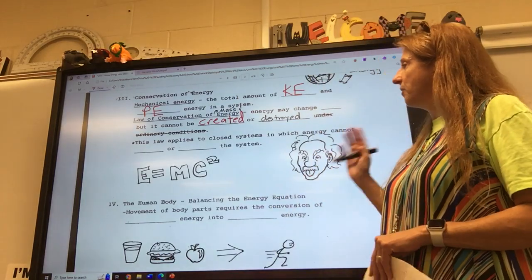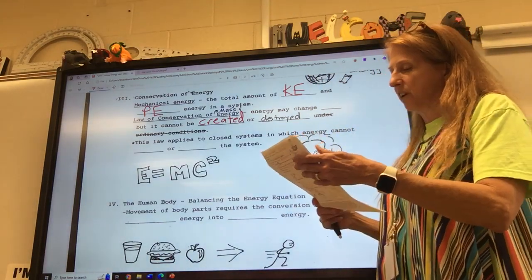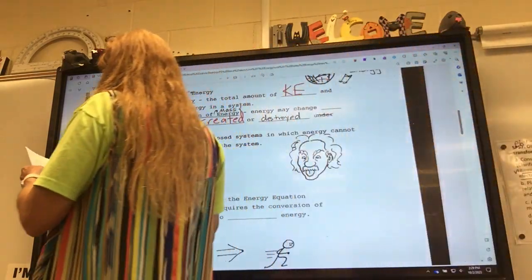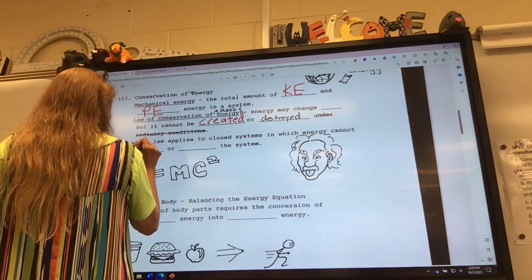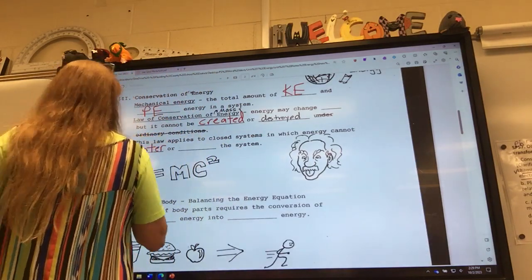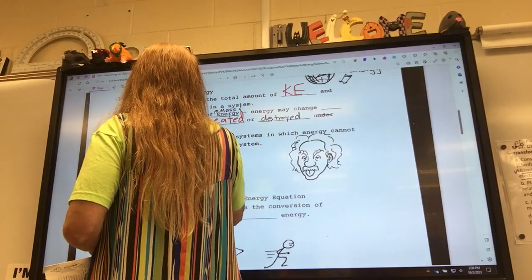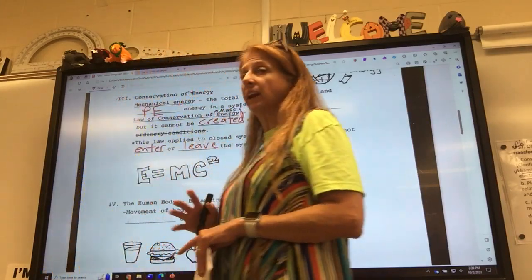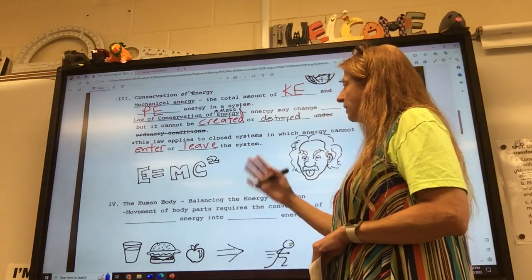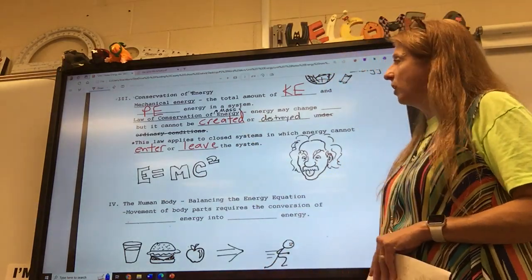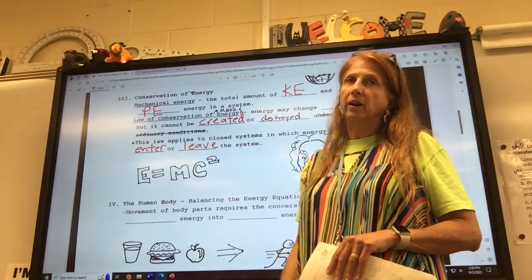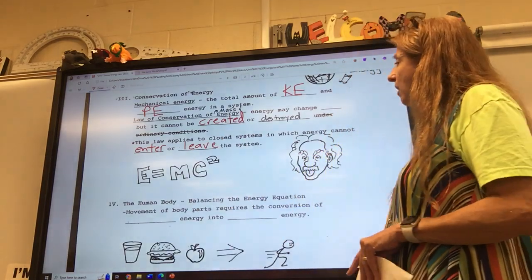This applies to a closed system where energy cannot enter or leave. So of course, if matter or energy can leave, then you'd have less of it. But if it cannot enter or leave, then it can't be created or destroyed. Whatever you put in is what you get out.